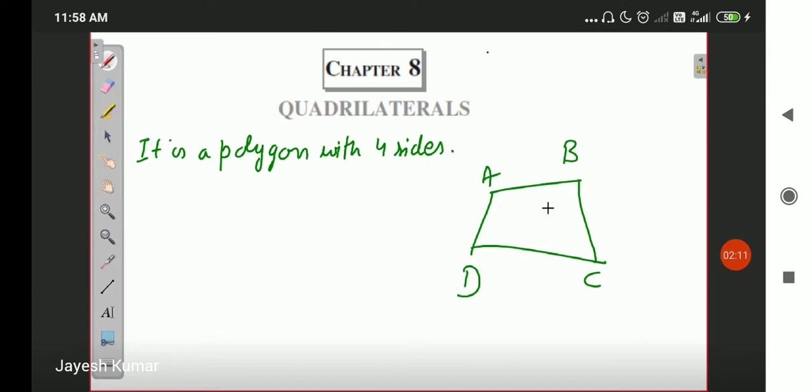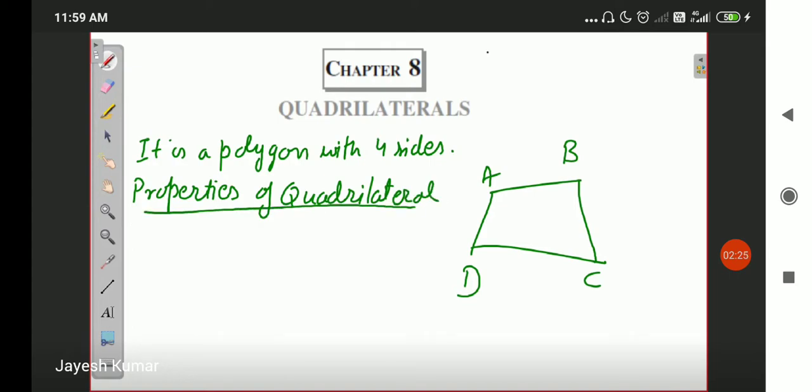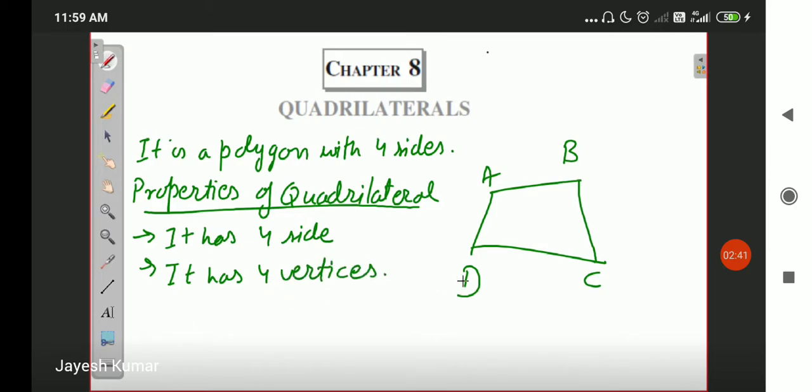Now properties of a quadrilateral. A quadrilateral has 4 sides. It has 4 vertices. I'm just pointing out the general properties we already know.